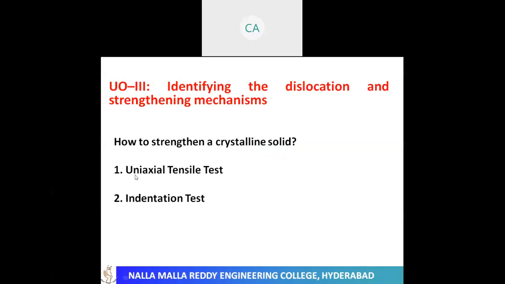let us say by uniaxial tensile test, which will give yield strength, or an indentation test, which will give us hardness.